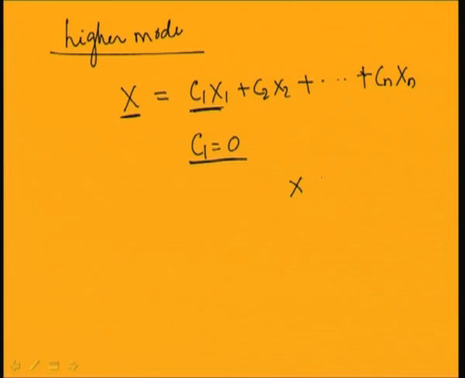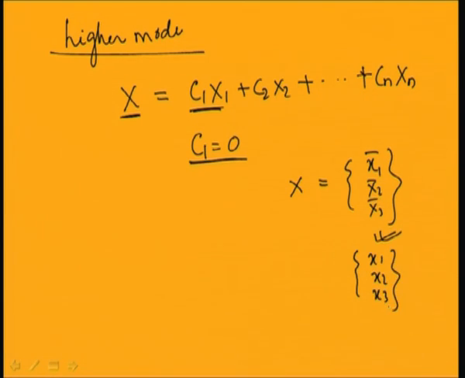I can write x equal to x1 bar, x2 bar and x3 bar. These are the assumed mode, and x1, x2, x3 are the values of the ith mode of the system.